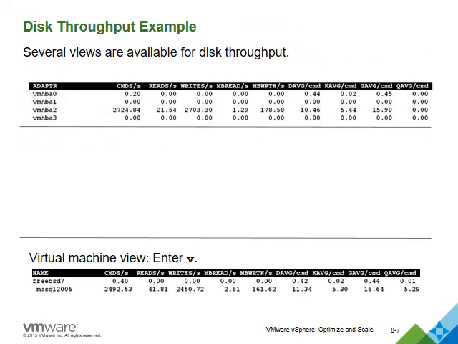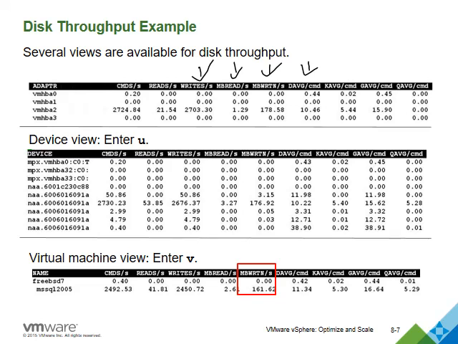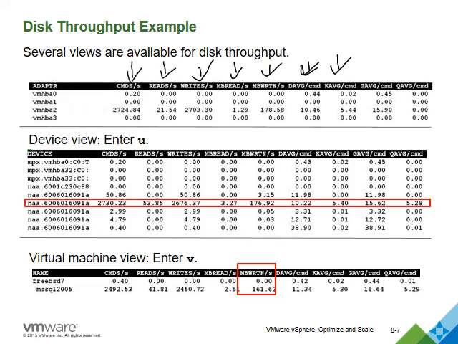Here's an example of disk throughput in ESXTOP. Again, we have our writes, our megabytes read, our megabytes written, our average. That's our disk average of commands, our kilobyte average of commands, how many commands a second, reads a second, our queue average, and our gigabyte average.